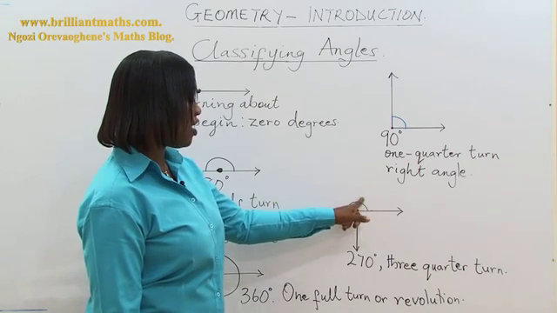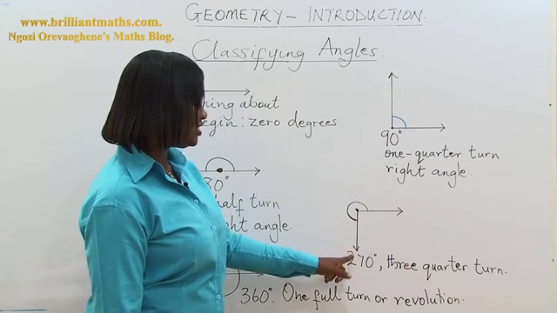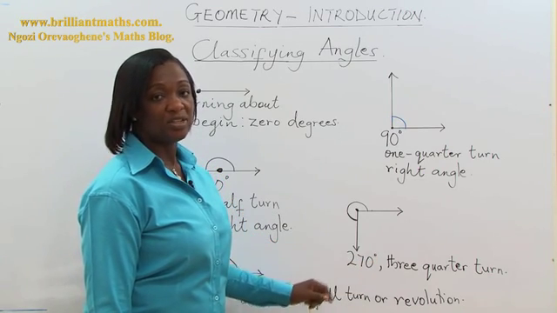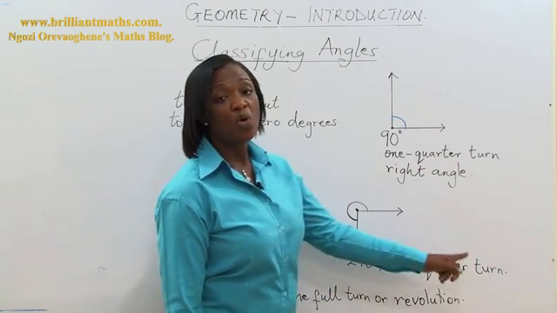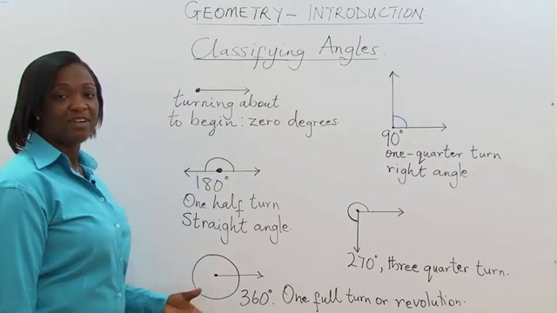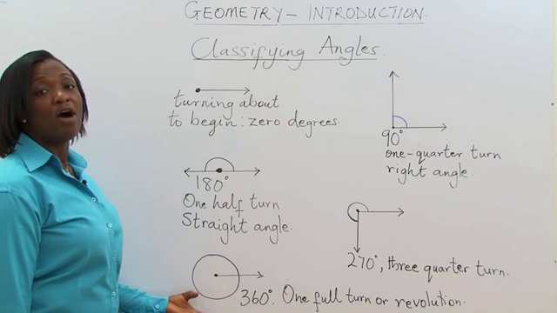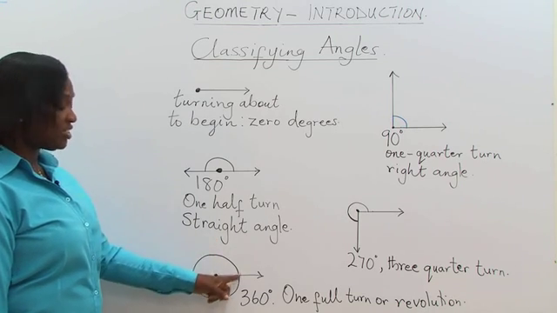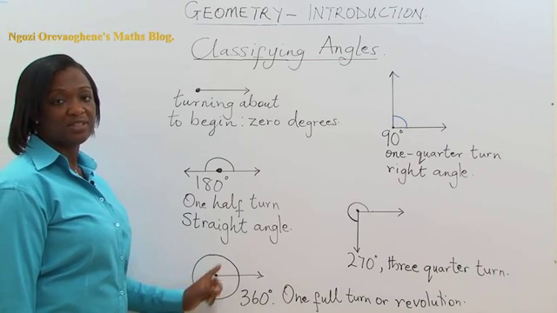It has gone all the way around. And this is 270 degrees. It is also called 3/4 turn. And then finally we have a full turn or revolution. That is a complete turn from 0 to 360.